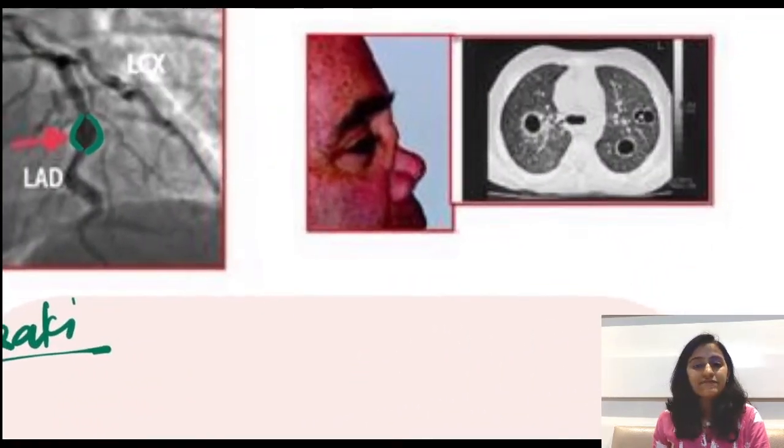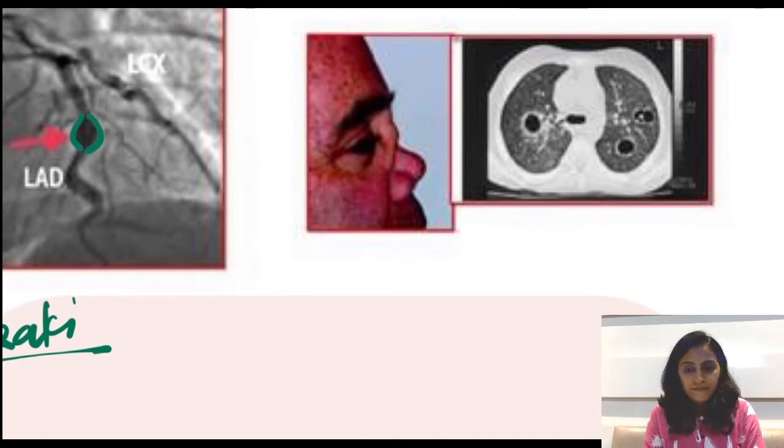Next one, can someone tell me what vasculitis this is? Where you have this deformity of the nose along with cavitary lesions in the lung. What vasculitis is this one?